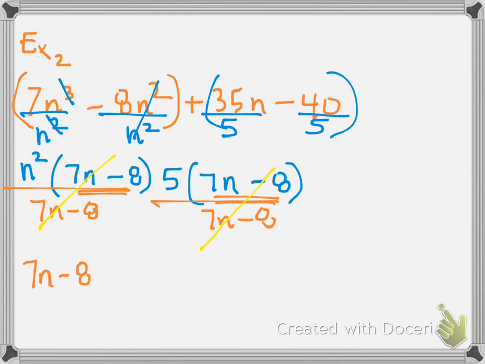Oh, that yellow is hard to see. All right, let's do another color. And then my final answer. I take out the 7n minus 8. It cancels off, and I'm left with n squared plus 5. So this is how you write your final answer.